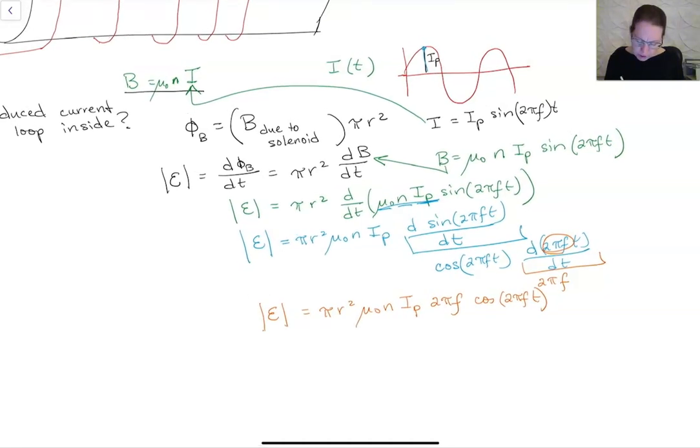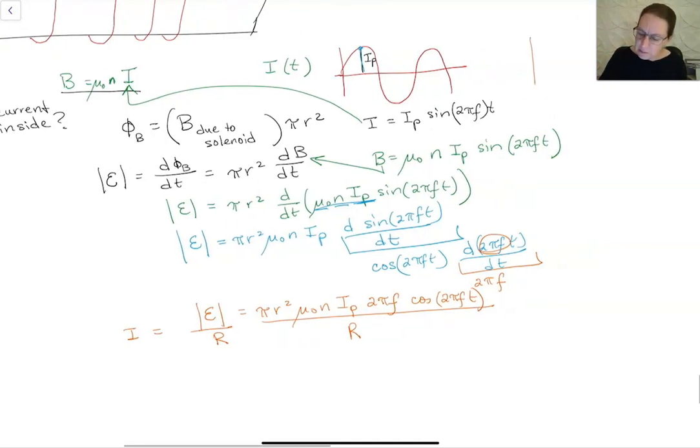So if I want my induced current, it's equal to E over R, or all of this over R. So the induced current is going to be oscillating up and down, but it's going to be a cosine relationship. Actually it would be a negative, depends on which way we do it, but it's going to be a little bit out of phase.